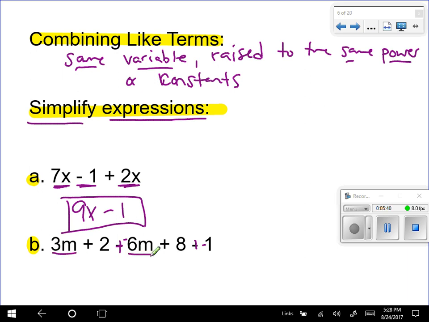I have these two as they have the same variable raised to the same power. So 3m plus negative 6m would give me negative 3m. Then I have my constants. So I have 2 plus 8, which is 10, plus negative 1, which would be 9. These are not like terms, so I cannot do anything else with them. It's as simplified as it can be.